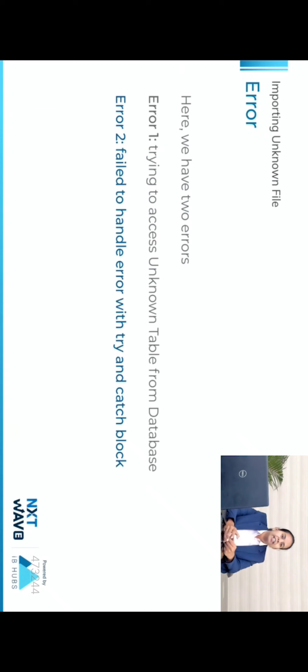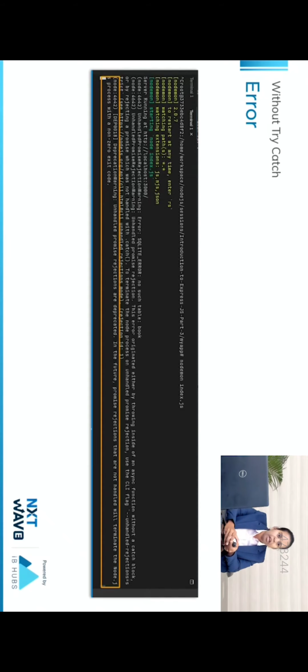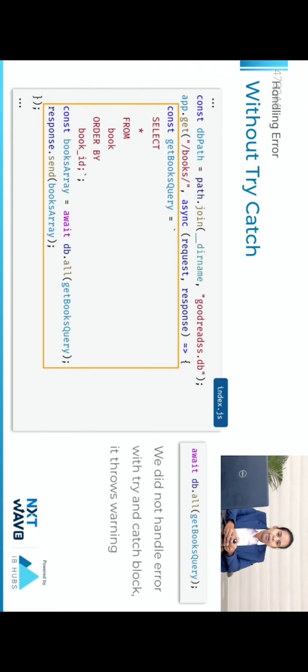Another possibility here is that we haven't properly handled the error using the try-catch block. In that case, you will get an error in this manner, saying promise rejections and so on. In such a scenario, you have to appropriately place the entire SQL query and the part of code running the SQL query inside the try-catch block. If you properly handle the error using the try-catch block, it will just throw a warning.